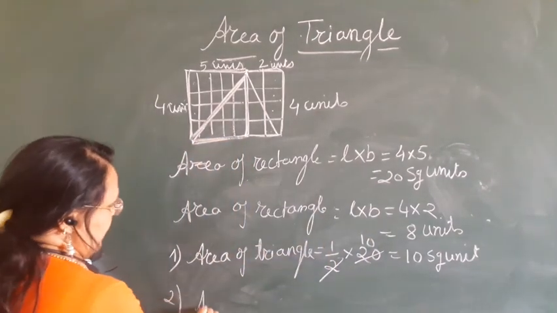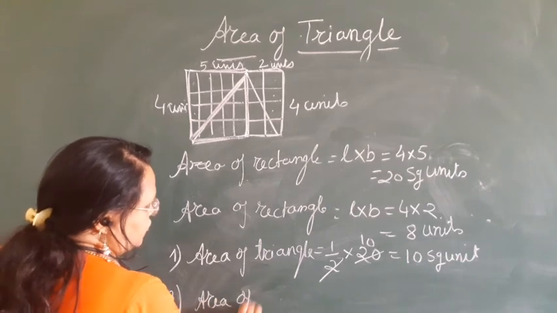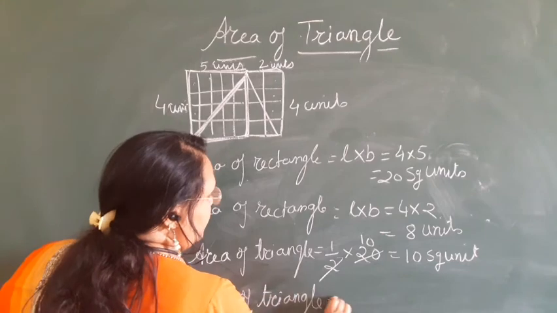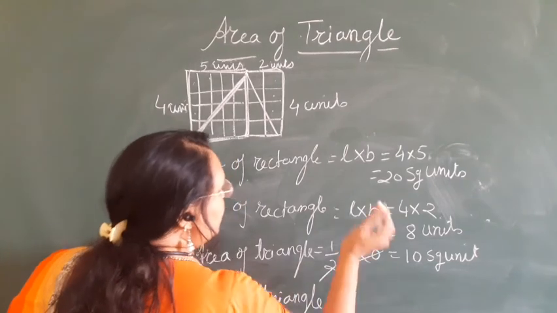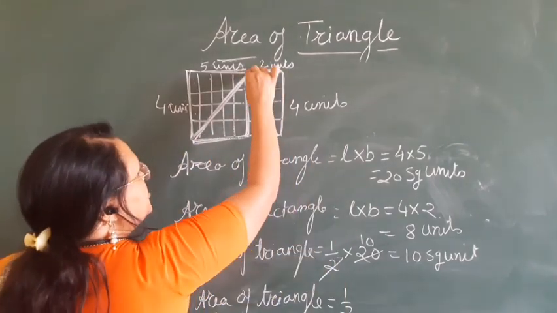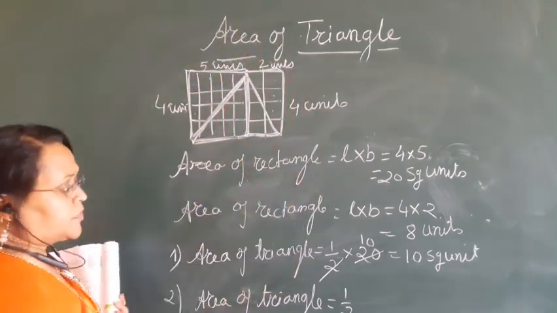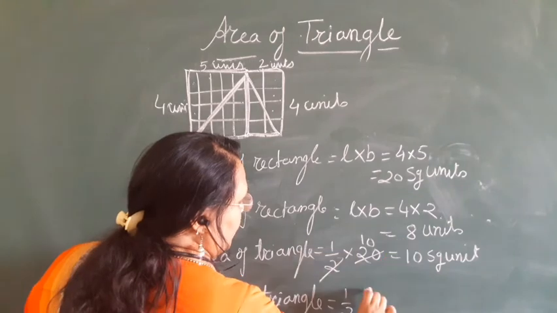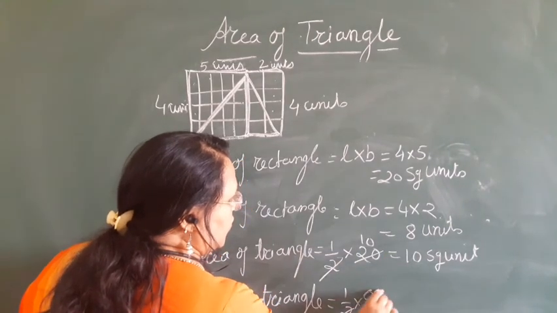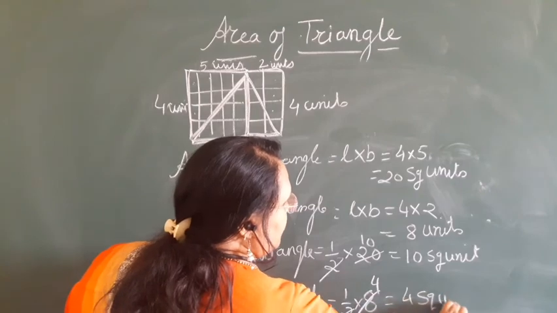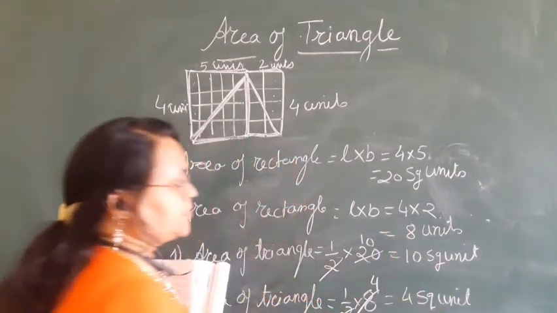Second is the area of the triangle, again half into length into breadth of this one. So half into 8, 2 ones are 2, 2 twos are 4. It is 4 square units.